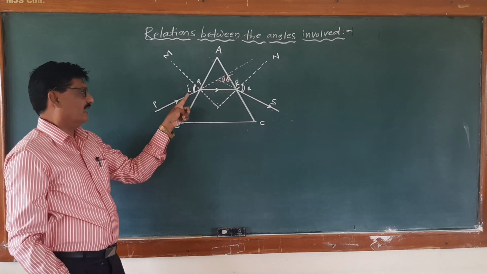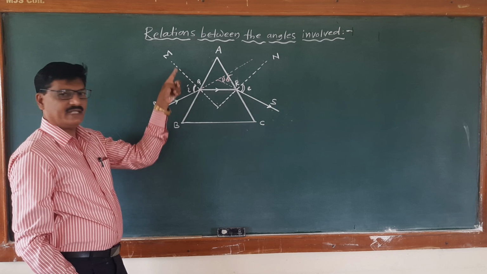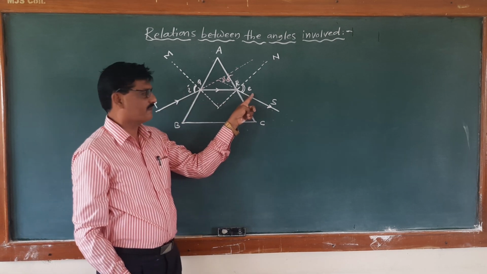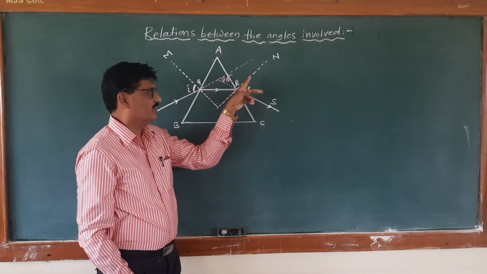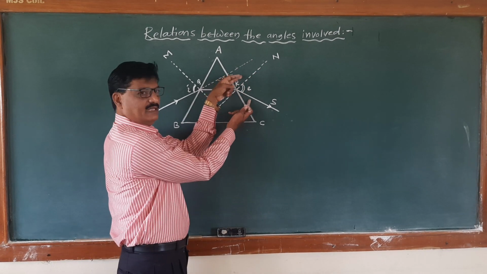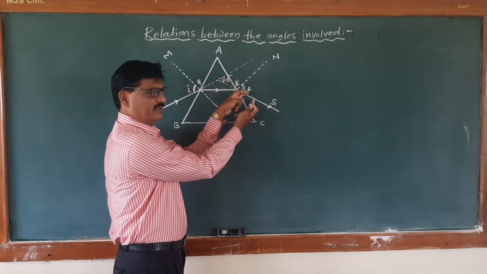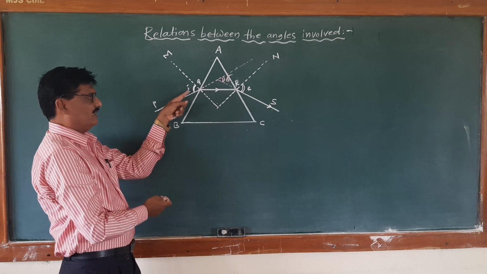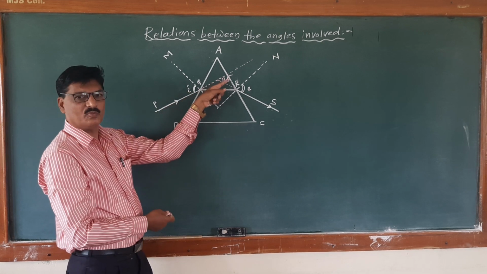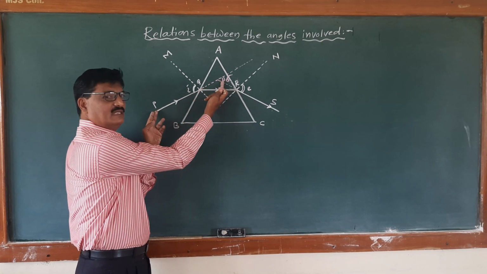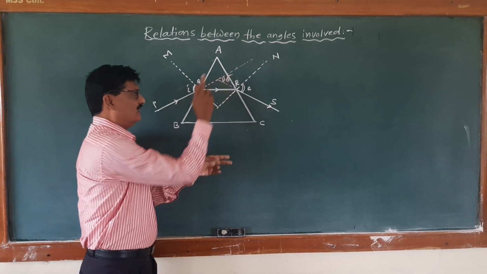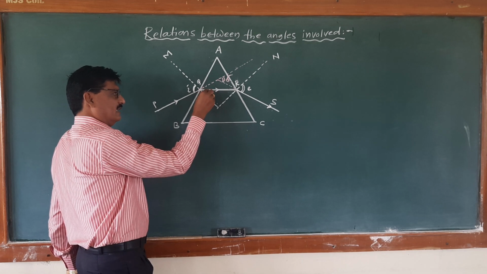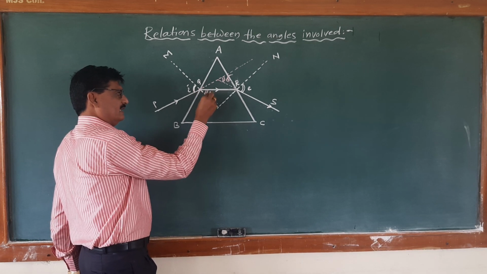In short, the angle between the incident ray and normal is called the angle of incidence, and the angle between the emergent ray and normal, याच्याशी जो angle form झाला that is called angle of emergence. The angle produced by incident ray and emergent ray is called the angle of deviation. This PQ ray gets refracted and an angle is formed, that is called the angle of refraction.